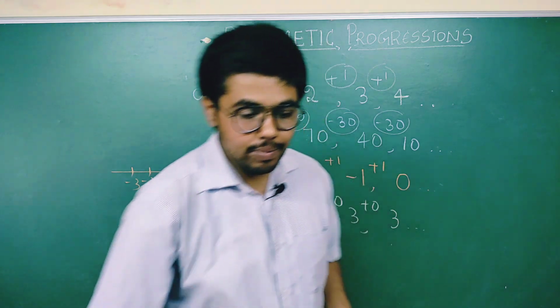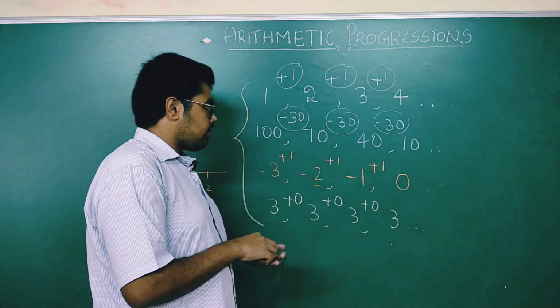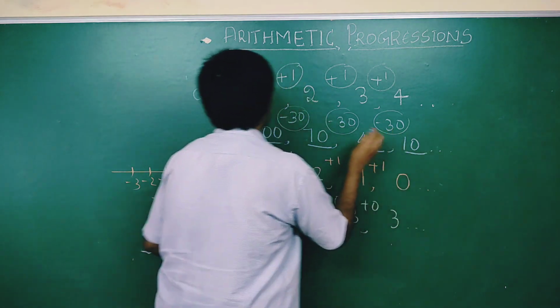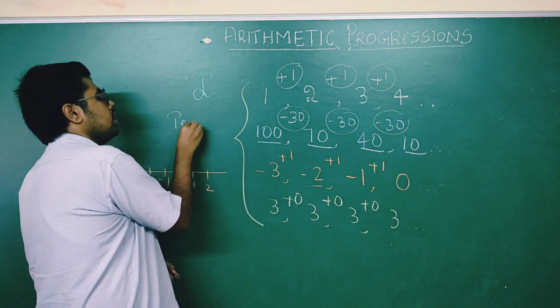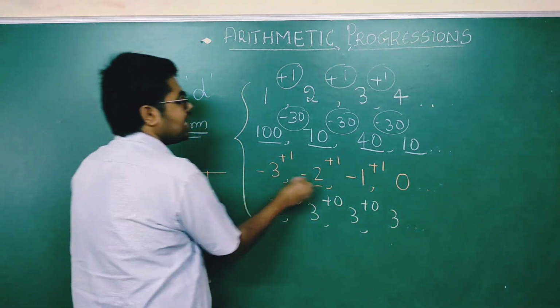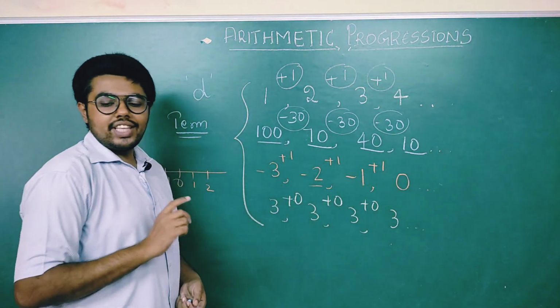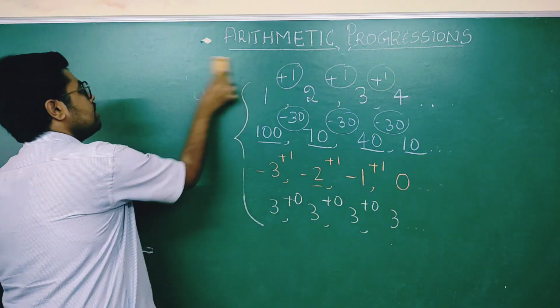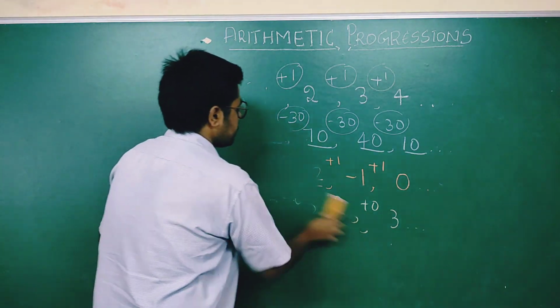Now one more thing that we should know: each number in the AP is called a term. We just name it as term. Each number is called a term. This is what you need to remember before going into the problems and the exercise.